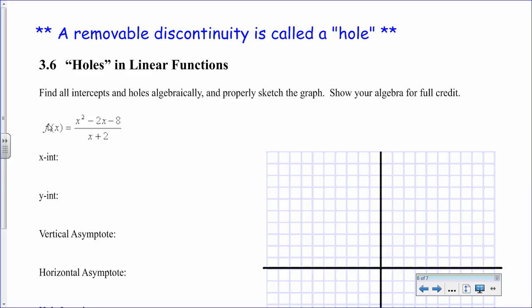Yeah, x squared minus 2x minus 8. You need to go ahead and factor because you need to know if it cancels or if it doesn't. So what multiplies to give me negative 8 and adds to give me negative 2?